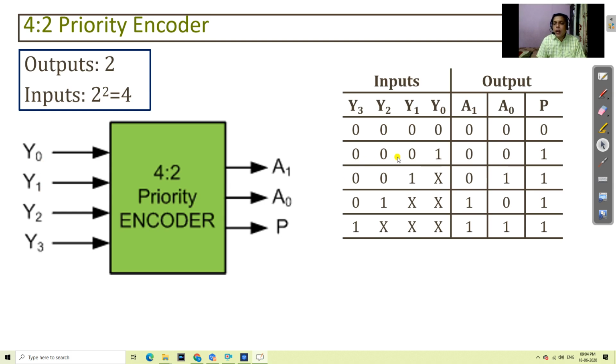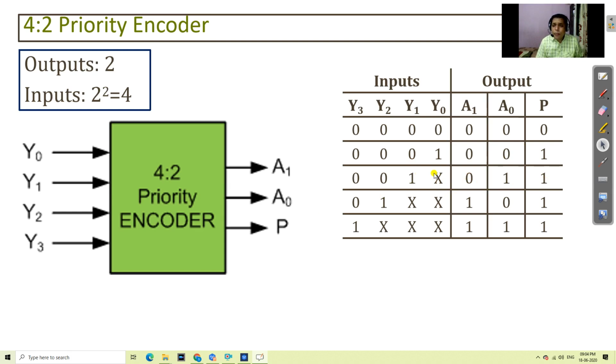When it is 0 0 0 1, as soon as any one line has the input, the priority output p is always equal to 1. So for 0 0 0 1, as y0 is equal to 1, it produces 0 0. When y3 and y2 are 0 and y1 is equal to 1, it will produce 0 1. See that this bit is ignored here.